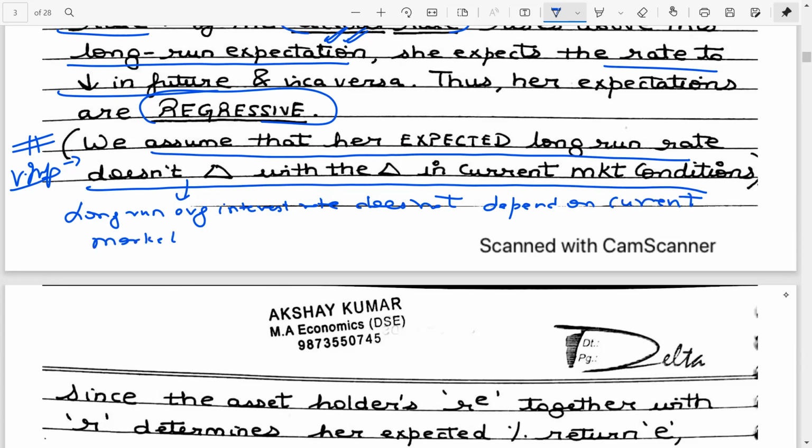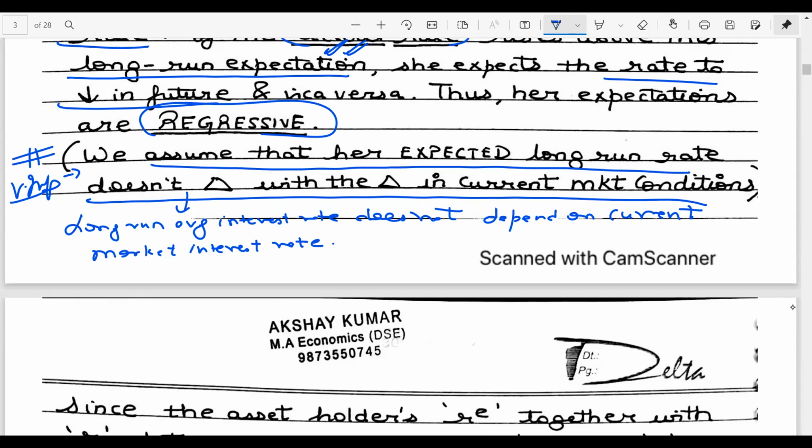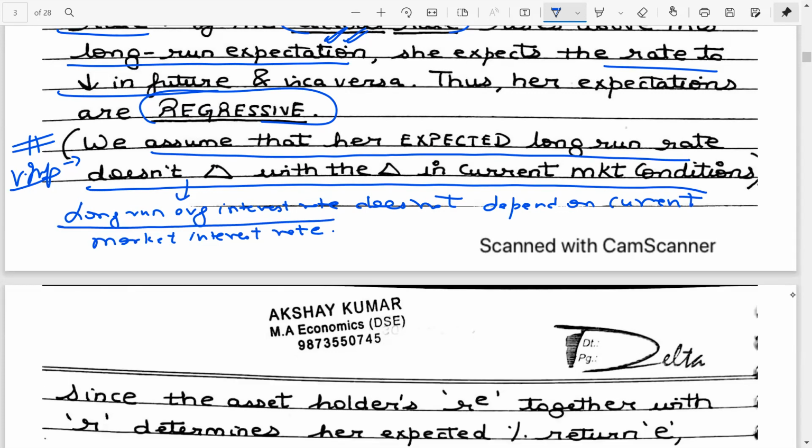I forgot to mention this point on the whiteboard, so all students can look at this point from the lecture note. The long run average interest rate is not depending upon the current market rate of interest, and every individual is going to have its own expected interest rate corresponding to the long run average interest rate in the economy.